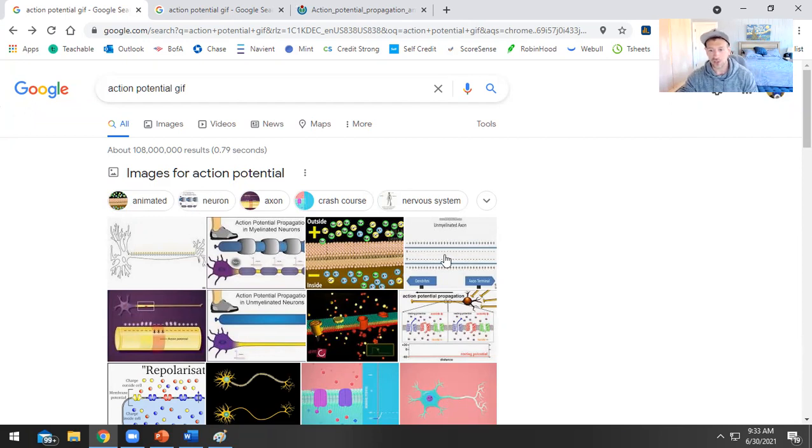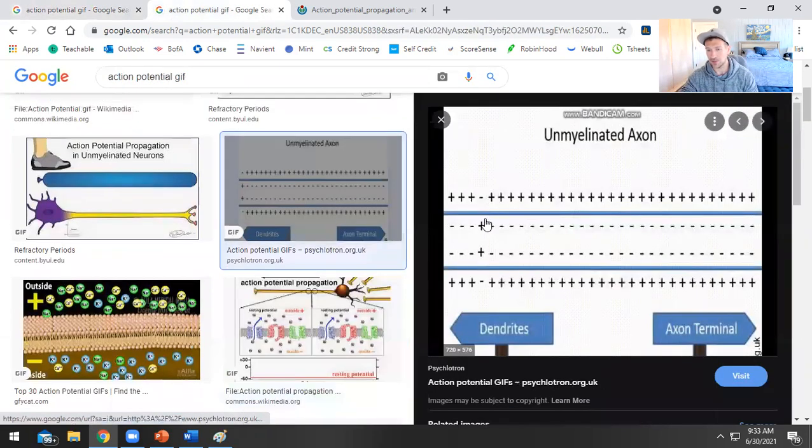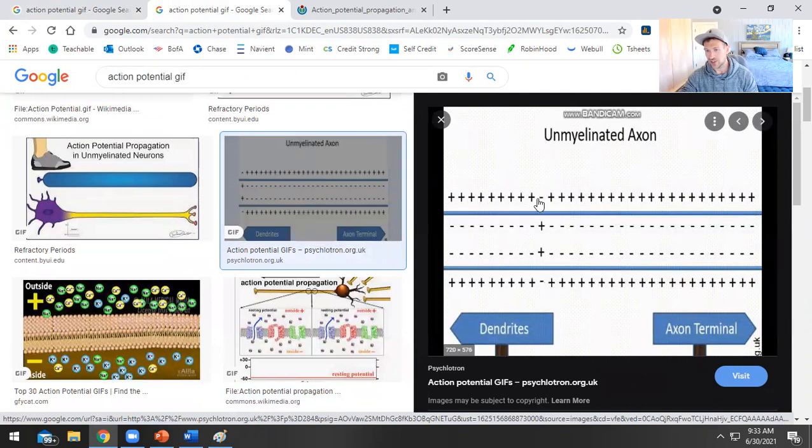Your cells are moving sodium and potassium, changing the concentrations so they flip and polarize. Then they depolarize and get back to normal afterwards, because nature does not like this. It likes to get them nice and even on both sides.